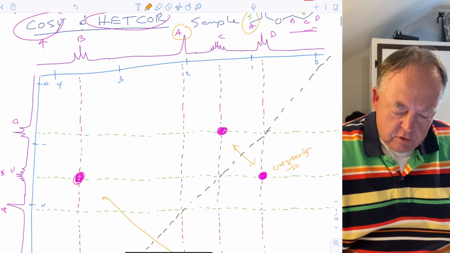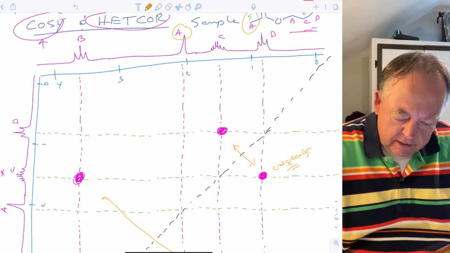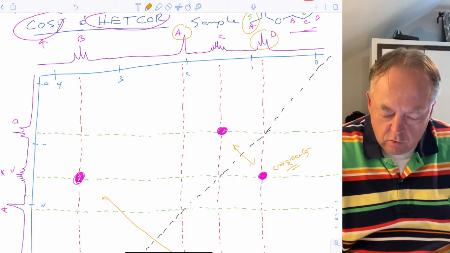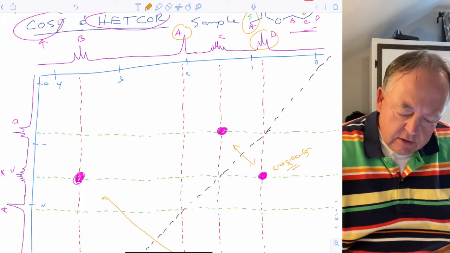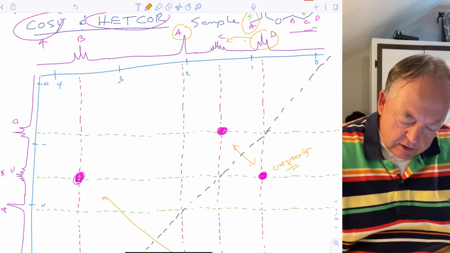So it basically tells you why this is a triplet. It tells you that these two signals go together.